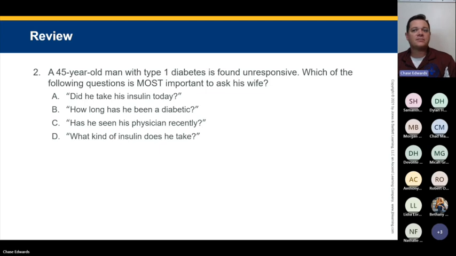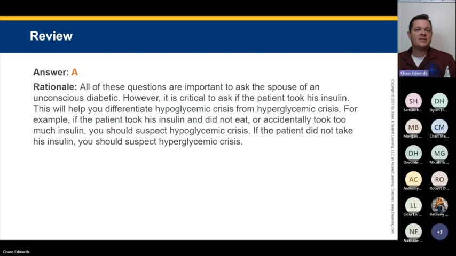Awesome. All right, answer is A. Good job. We just went over it, right? We said one of the main reasons why is because he didn't take his insulin. Awesome.